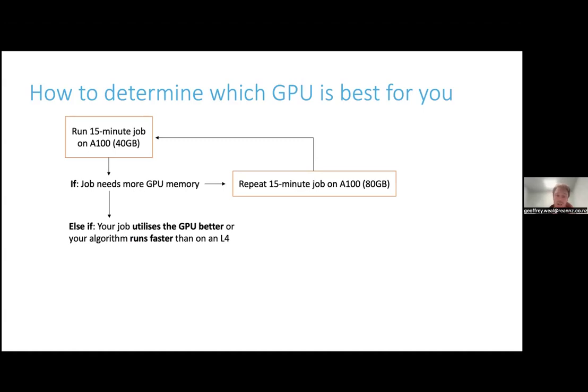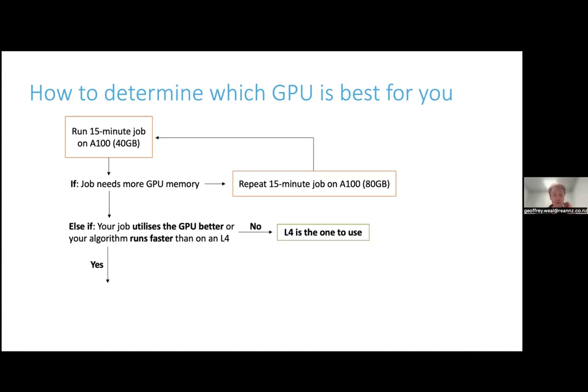Then you want to ask yourself the following question. Compared to the L4, did your job utilize the GPU better, or did your algorithm run faster on the A100 compared to the L4? If you find no, the L4 actually utilized your job better or it ran faster, then the L4 is the one to use.